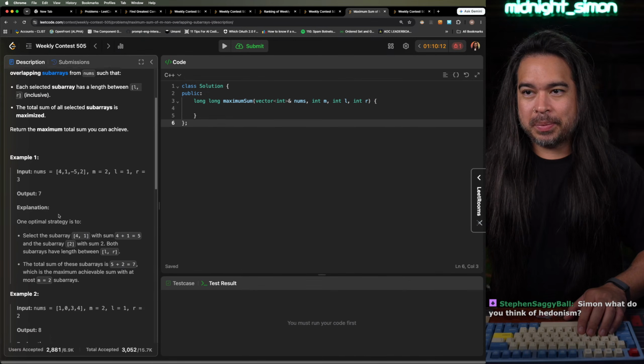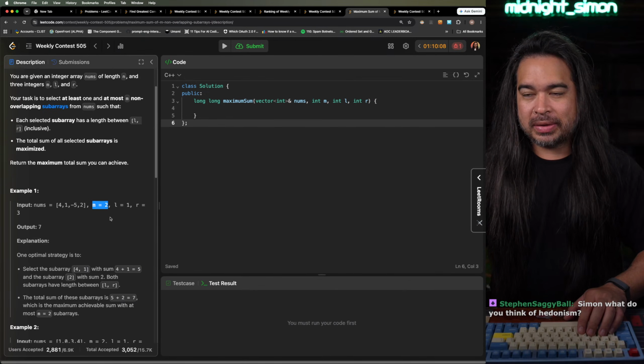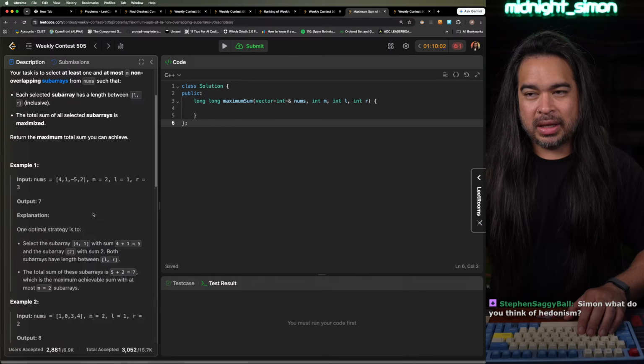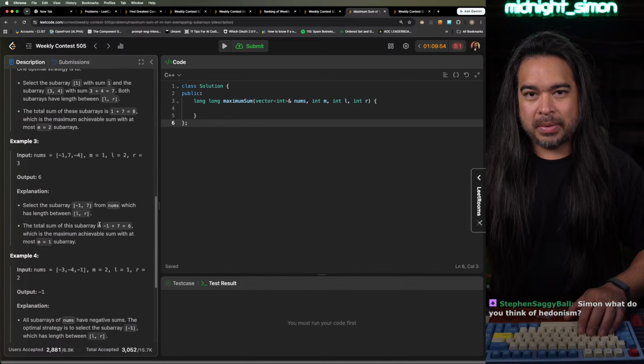A maximum sum. So we need 2 subarrays between 1 and 3 length. How the heck are we gonna do this problem? It's an n squared type thing.